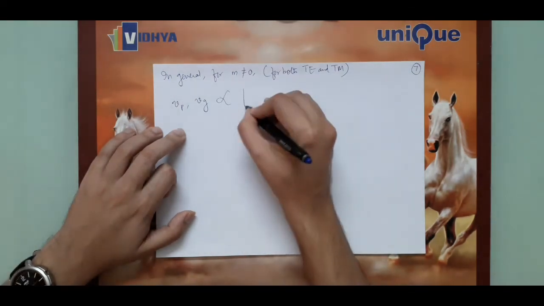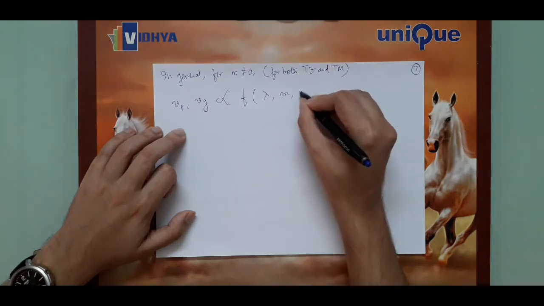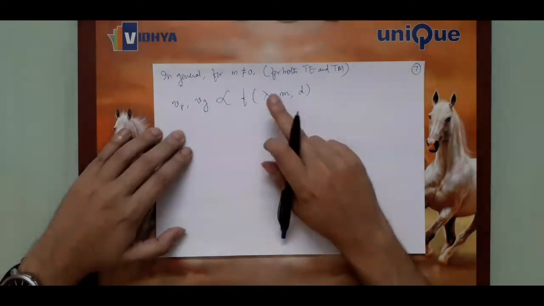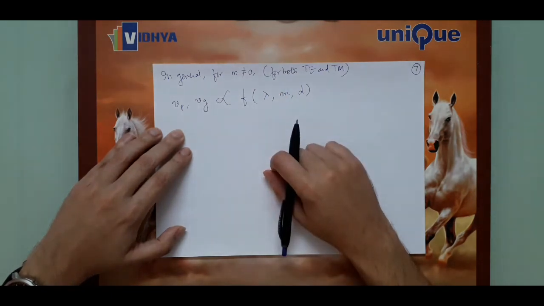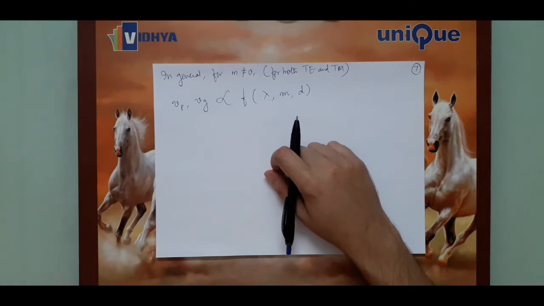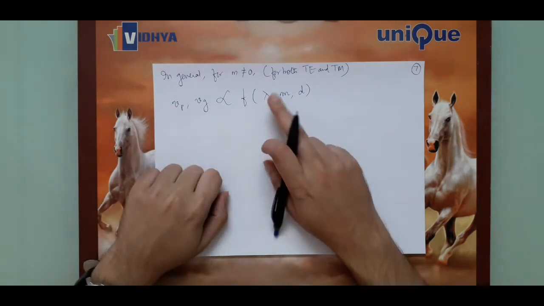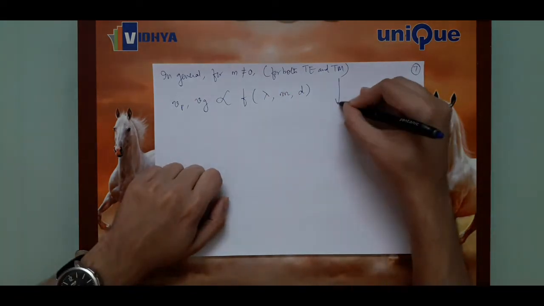They are functions of lambda, they are functions of the mode m and also of d. So if they are dependent on lambda, obviously they are dependent on frequency. Any means of propagation where the velocities are different depending on the wavelength or the frequency is called a dispersive mode.